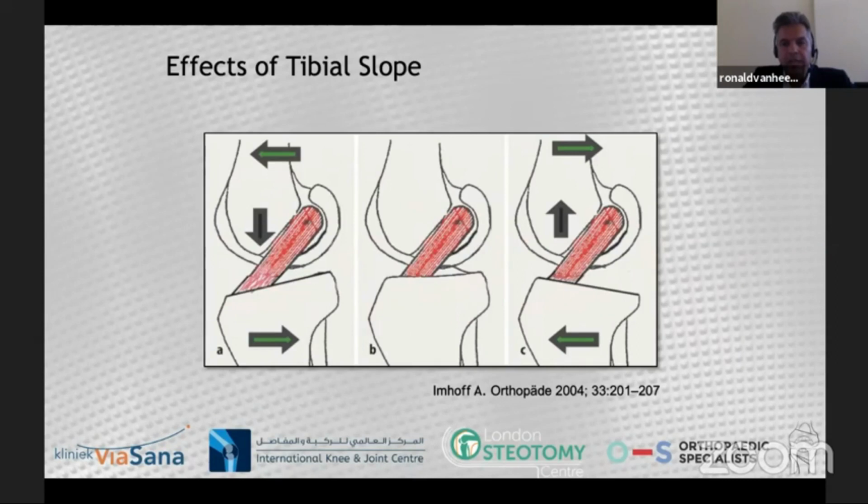What is the chance that this ACL reconstruction will survive in a too high slope? Because the forces during stance and walking are against your ACL graft. The other situation is in A, it's bad for your PCL graft if you have a negative slope.